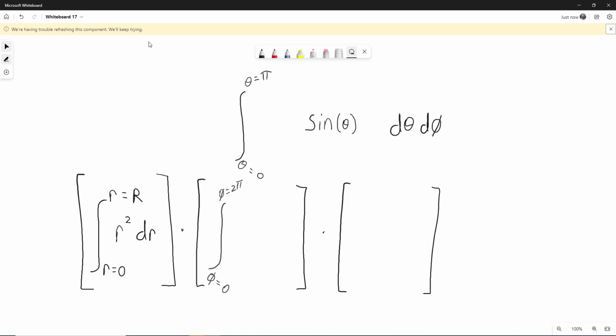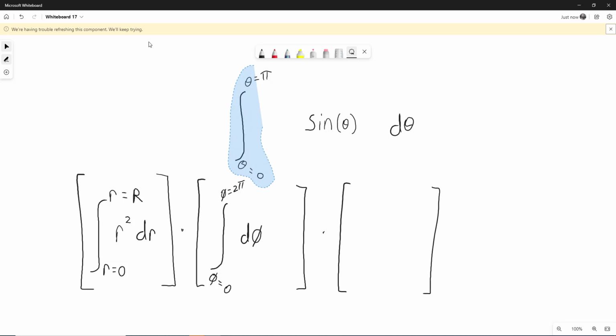So now I've got my phi component here, and here's my d phi. I've got to learn how to select this. There we go. So again, no function for phi, or I should say the function is just a constant. It's just 1. So I'm going to do theta.